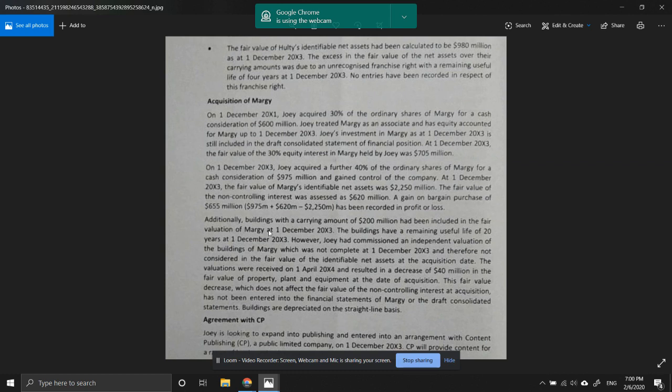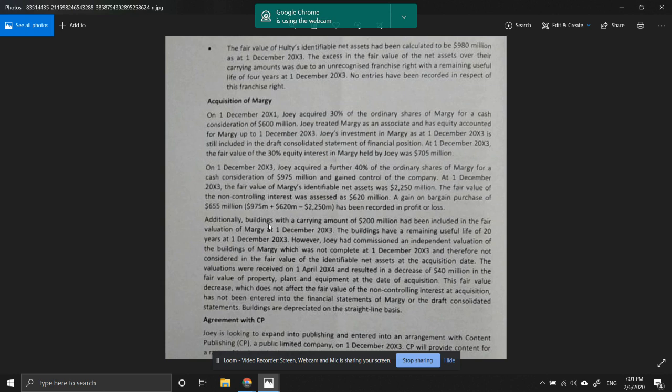On 1st December 20x3, so that means after exactly 2 years, Zoe acquired a further 40% of the ordinary shares of Margie for a cash consideration of 975 million and gained control of the company. The fair value of Margie's net identifiable assets was 2250. The fair value of the non-controlling interest was 620. The gain on bargain purchase of 655 million had been recorded.